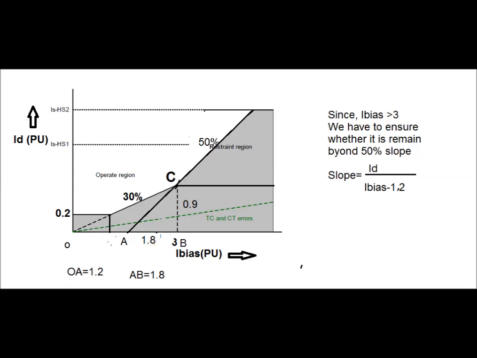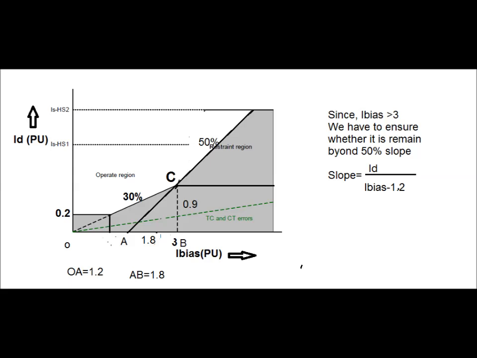Now for the 50% slope, if we extend it backward from point C, it will meet the x-axis at point A. Since OB is equal to 3, for the 30% slope BC is equal to 0.9. Since BC is equal to 0.9, if we extend the 50% slope backward, it meets the x-axis at point A, and we get the value of AB as 1.8. Therefore the value of OA is equal to 1.2.